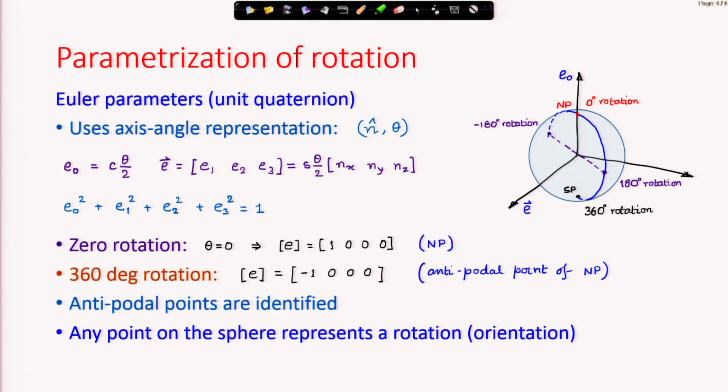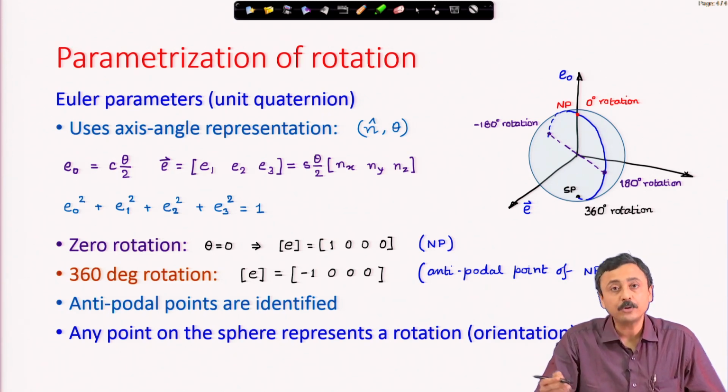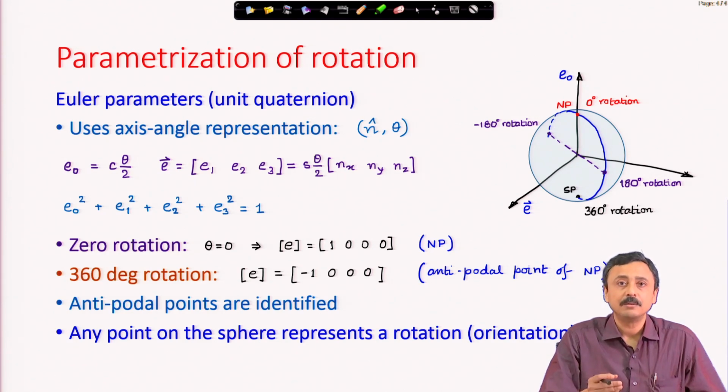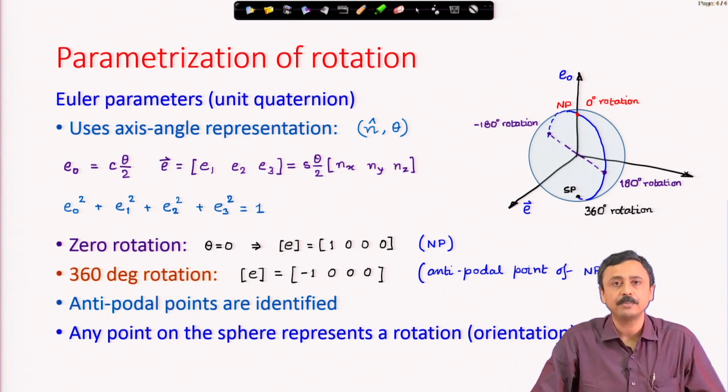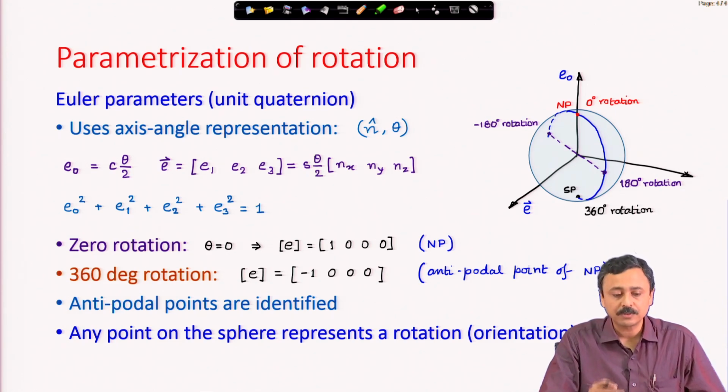Similarly, there must be an origin of the orientation space, and the origin is where the rotation matrix is the identity matrix, and any point on the sphere represents an orientation of the body. Orientation is therefore represented by a rotation matrix, and rotation matrices are parametrized by certain parameters like Euler parameters; Euler angles we have seen. We are now looking at Euler parameters, and we have also looked at axis angle parametrization.